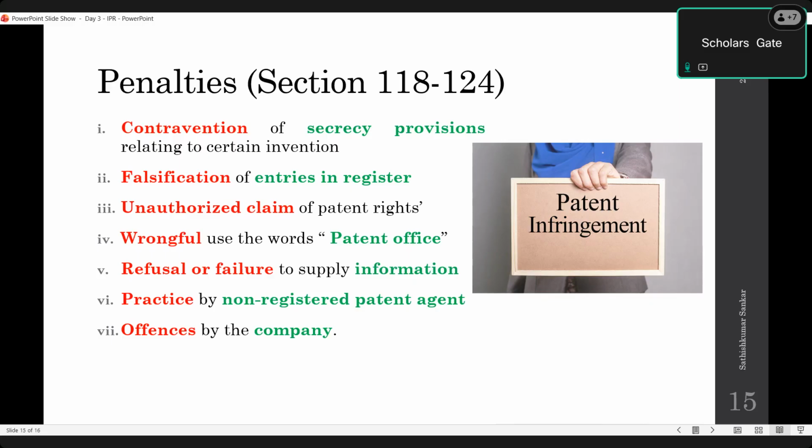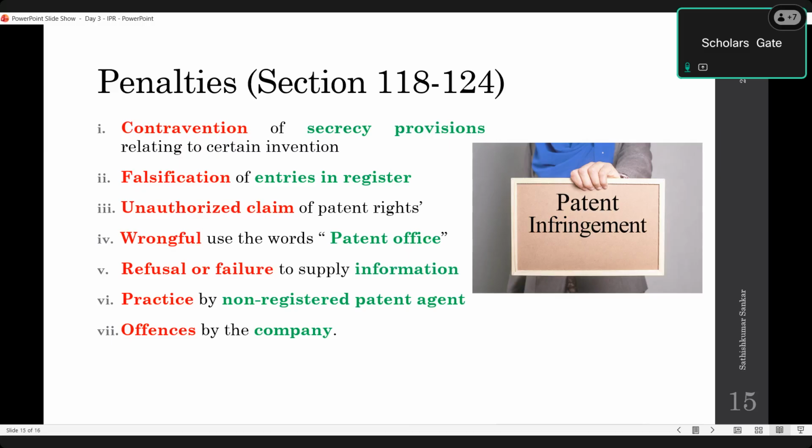If you enter improper or false data in the patent register, and the controller identifies that the data is incorrect, then penalties will be imposed on the patentee or patent agent.